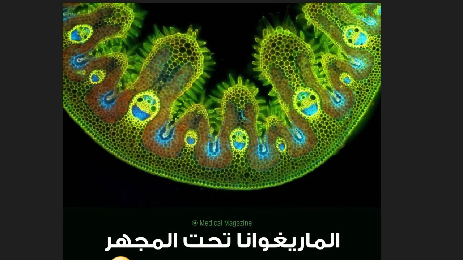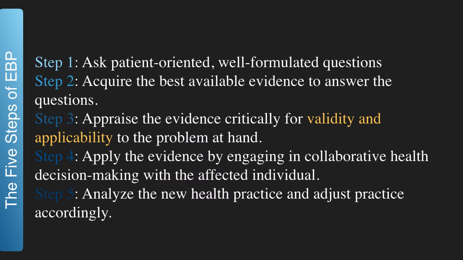Now I will cover the steps of evidence-based practice. We have 5 steps of evidence-based practice. The first step is the question: ask a patient-oriented, well-formulated question. Step 2, acquire the best available evidence to answer the question.